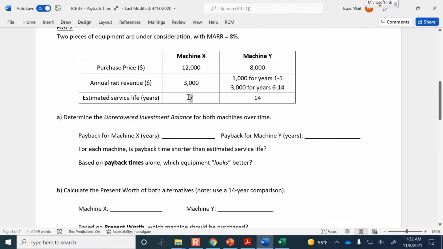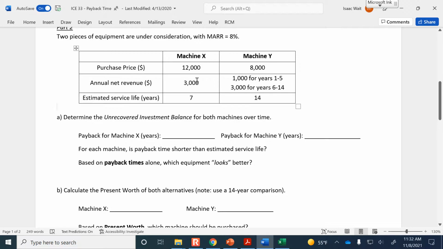But you'll notice the service life here is only 7 years for machine X and it's 14 years for machine Y. So you need to have 2 cycles of machine X. So remember the repeatability assumption that you have the least common multiples. So when you're setting up your cash flow table, do machine X where you're purchasing it for 12,000, you're getting 3,000 in revenue, and then at the end of the cycle, you're buying it again.